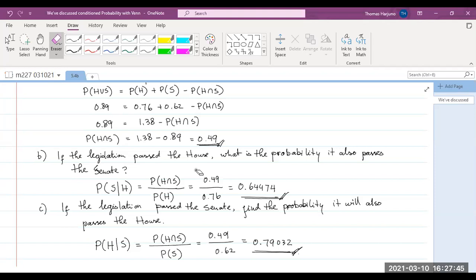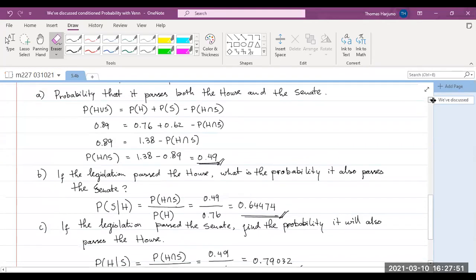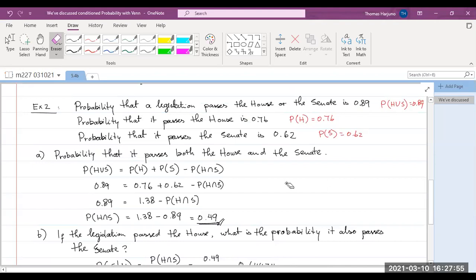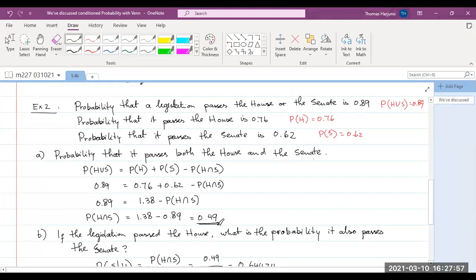So I can easily change this House and Senate into what happens at home. For example, my son asks for a toy, right? The probability that dad's okay with buying the toy is 0.62.